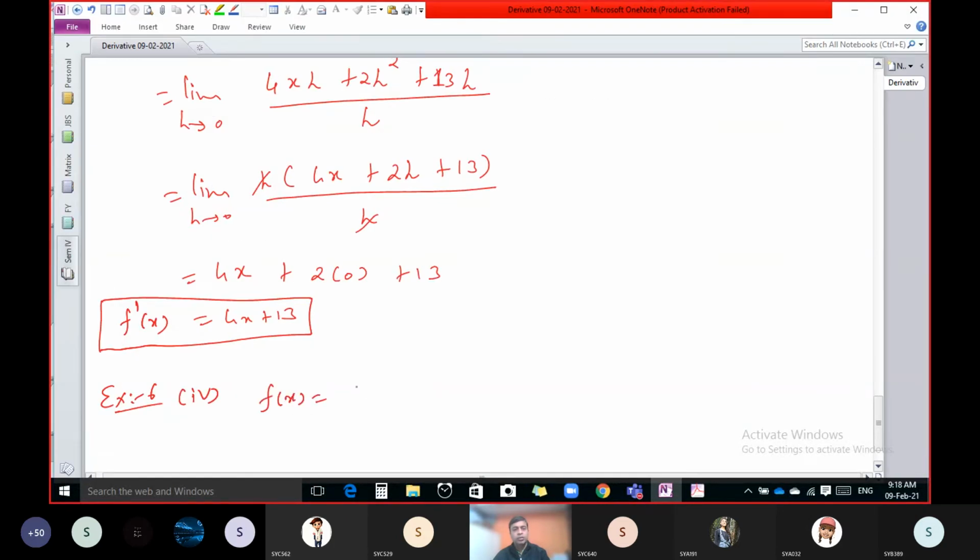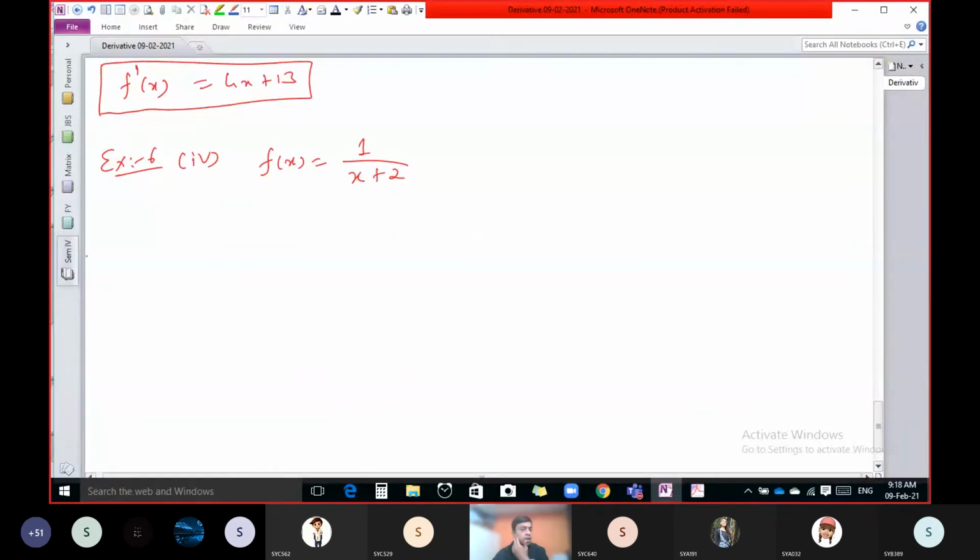F of x equal to 1 upon x plus 2. Let us do this question. Let us start. First step, f of x plus h. Tell me what we would write here. 1 upon x plus h plus 2.